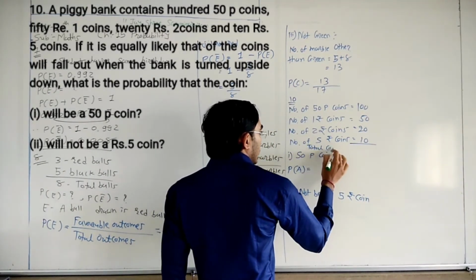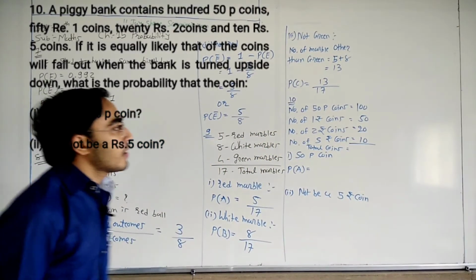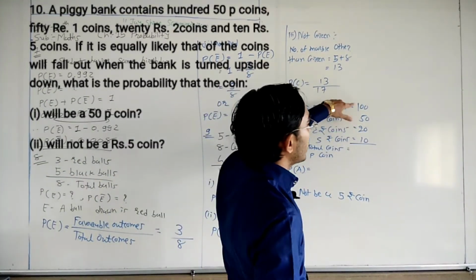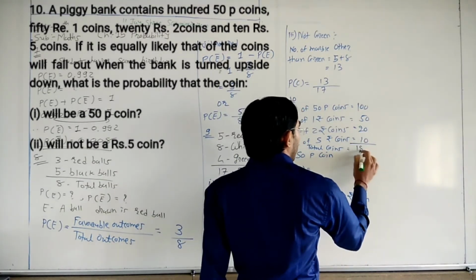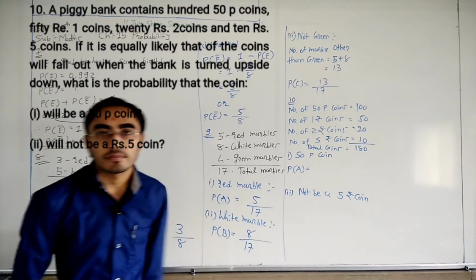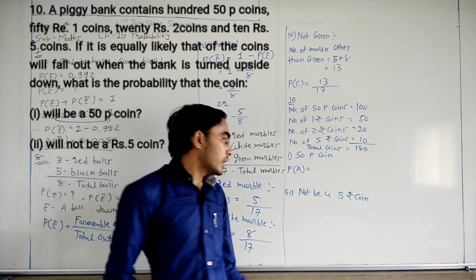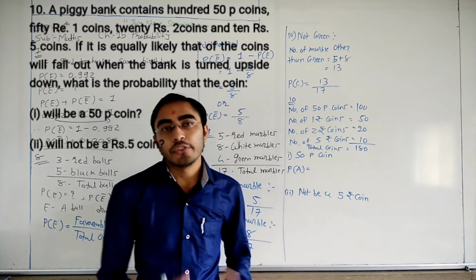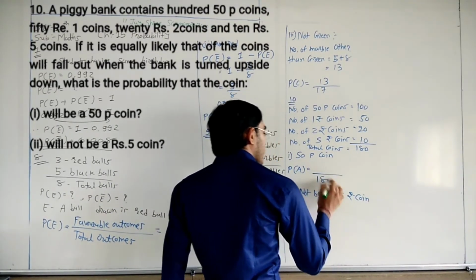So we add these numbers, 100 plus 50, 150 plus 20, 170 plus 10, 180. So the total number of coins is equal to 180. So here our total outcomes is 180. Right, so in the denominator 180.